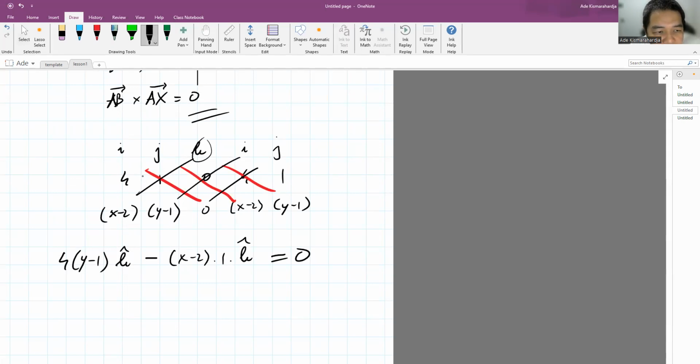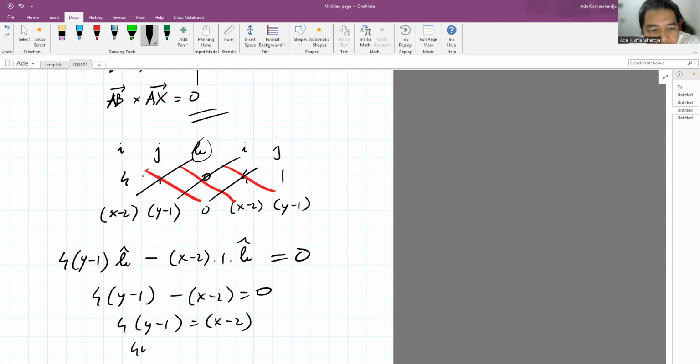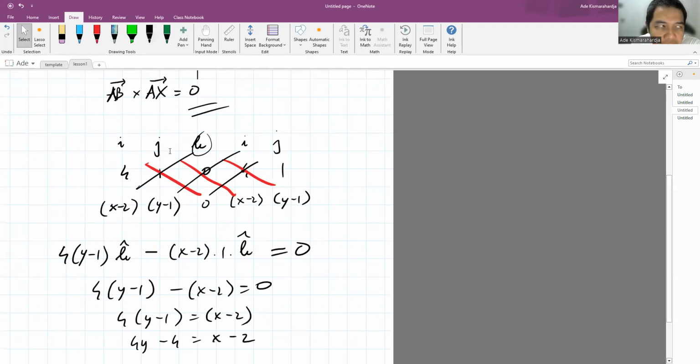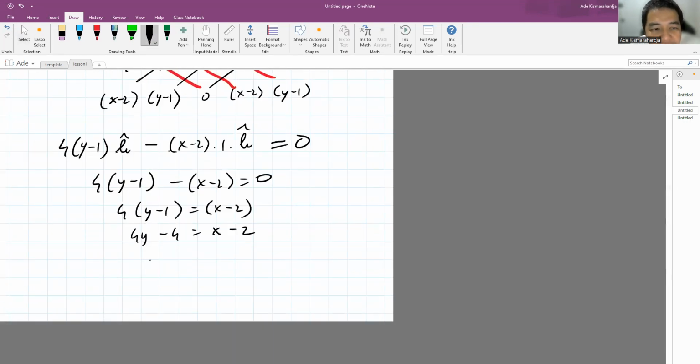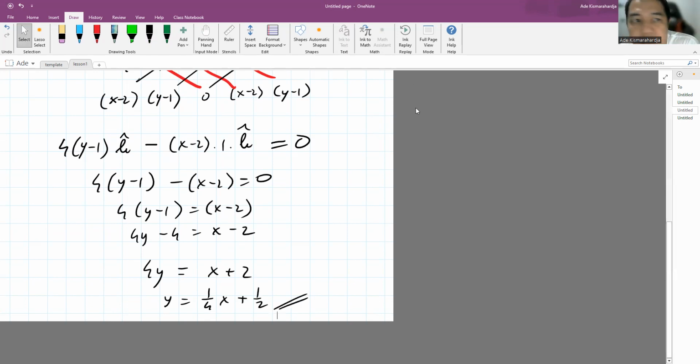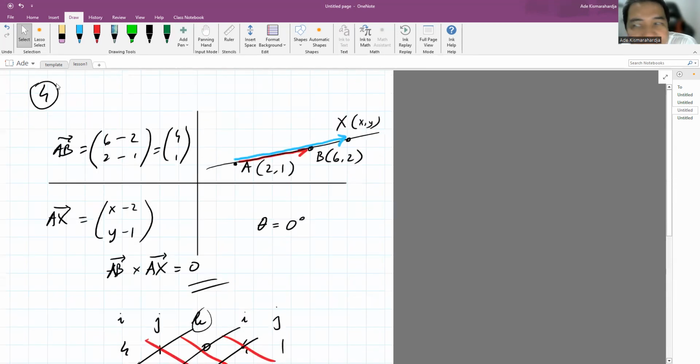So 4 times y minus 1 minus x minus 2 is equal to 0, or 4(y minus 1) is equal to x minus 2. So you have the equation that we had before, y equal to 1 over 4 x plus 1 over 2. The same equation. So that's number 4.